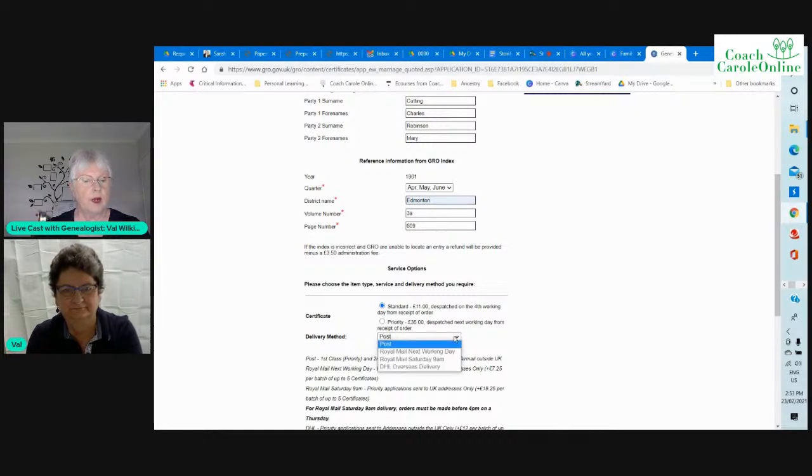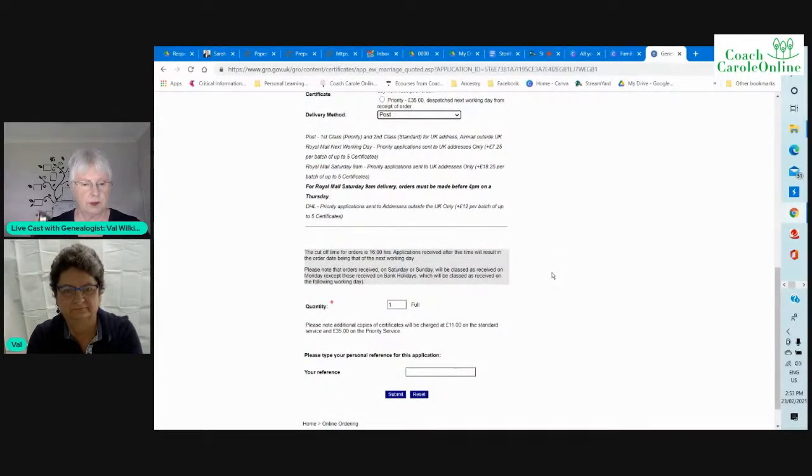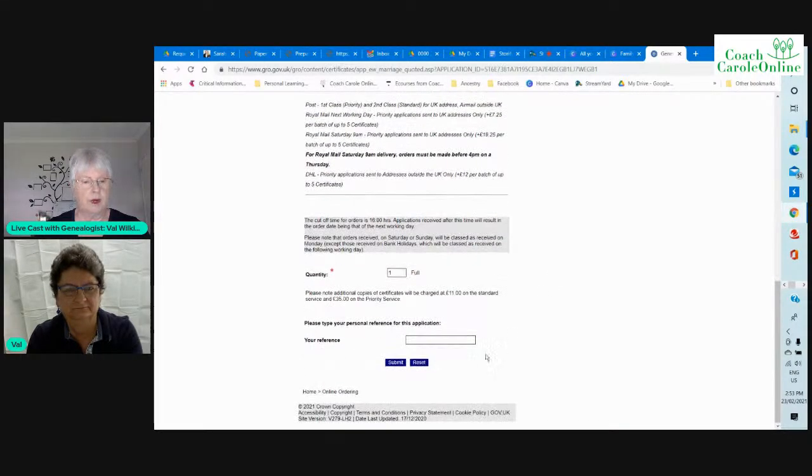And you put in where you want it to be posted to, and then you would add that by submitting. You can also put in a reference for yourself. So I might just say marriage of grandparents. That'll do.